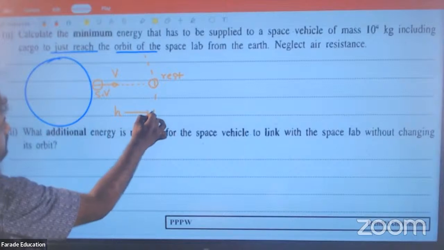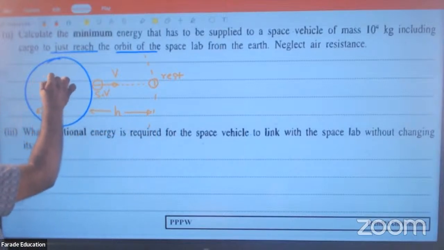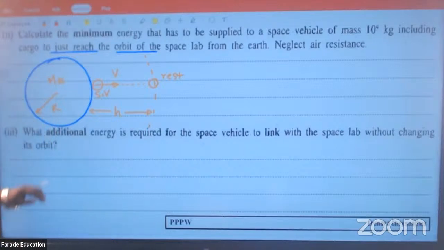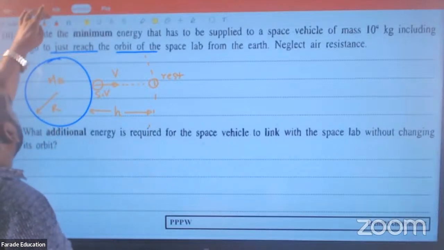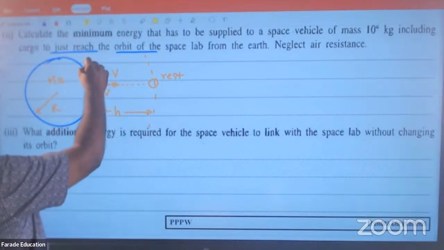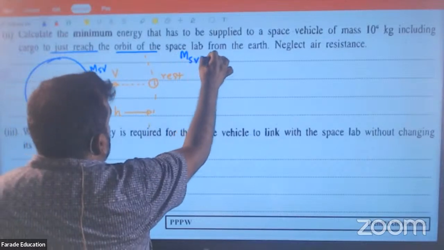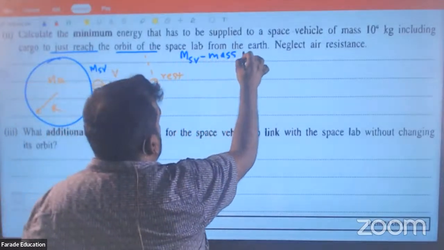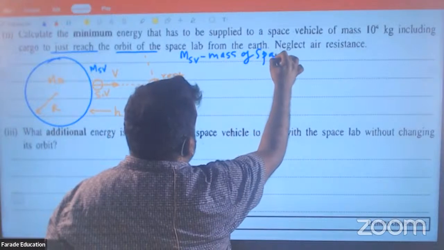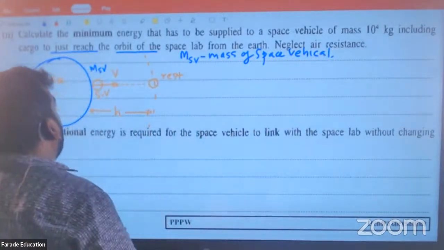Orbit is H. Radius is R. Mass of Earth ME already defined. Only one more additional thing that you must define here: mass of the space vehicle, MSV. What are you asking? Minimum energy.